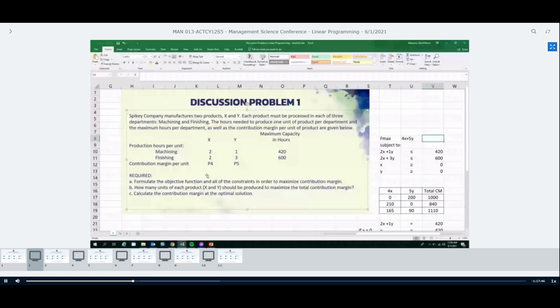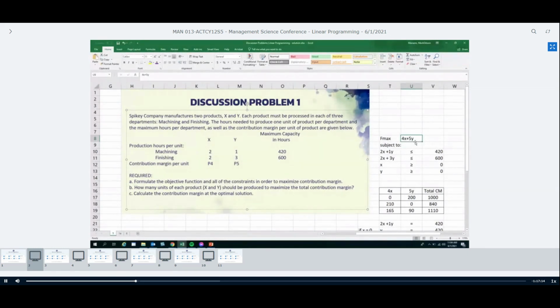So, to express that, 4x, kasi 'di ba yung 4 is contribution margin per unit of x, 'di ba? So 4x plus 5y. So that's our objective. Objective function, which is to maximize contribution margin.